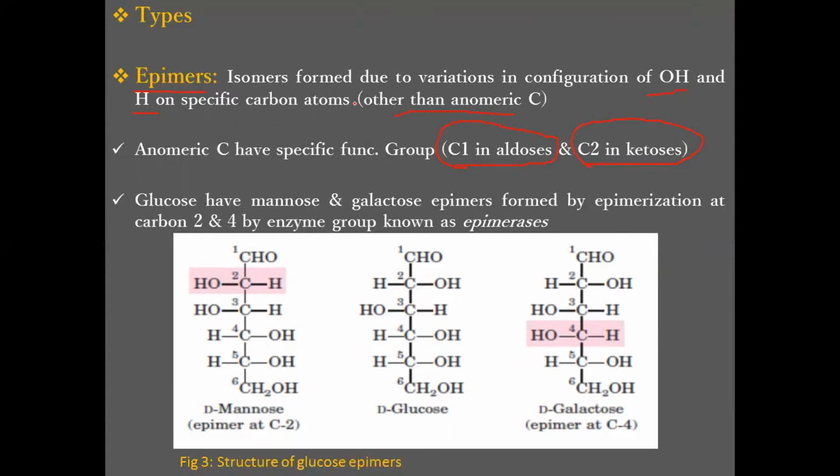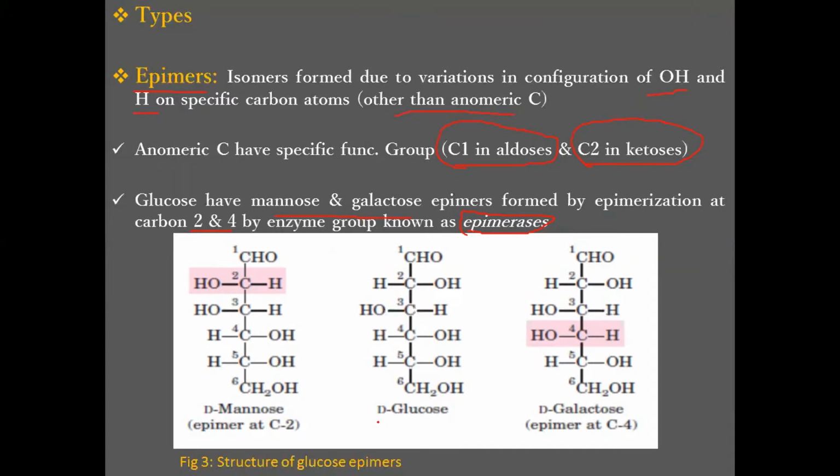So epimers are those isomers which have variation in the configuration of H and OH groups on specific carbons. For example, glucose has mannose and galactose as epimers. They are formed by epimerization at carbon 2 and 4 by a group of enzymes known as epimerases.